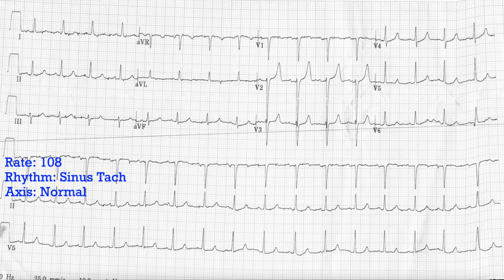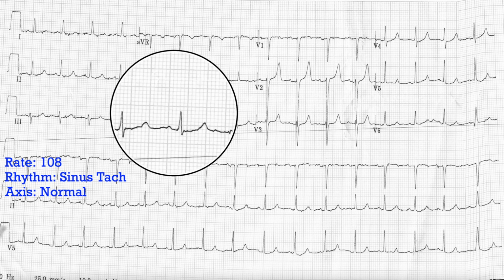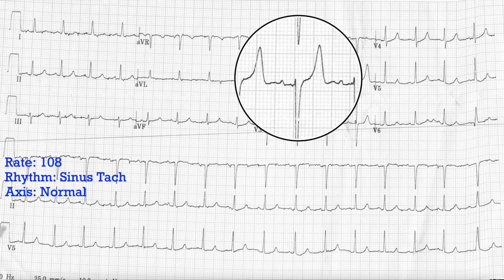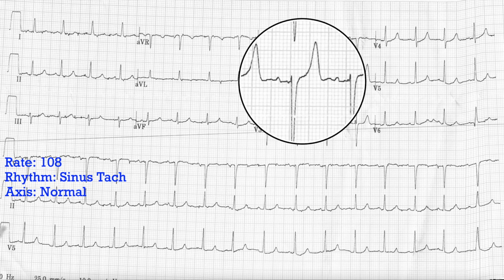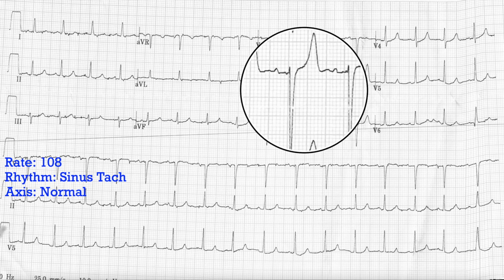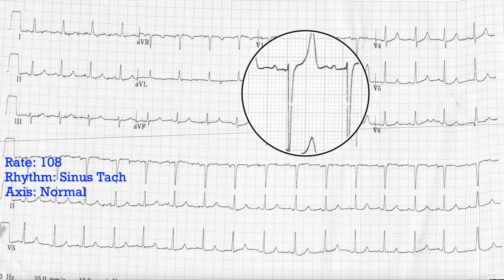Anyway, rate, rhythm, axis, intervals, and blocks. When we look at our intervals here, let's find a good-looking segment that we can do a little bit of measuring on. This guy looks pretty good, and we'll stop right there. So our PR interval should be less than 1 big box, i.e. 5 little squares, and it looks like it is from the beginning of the P wave to the start of the QRS complex.